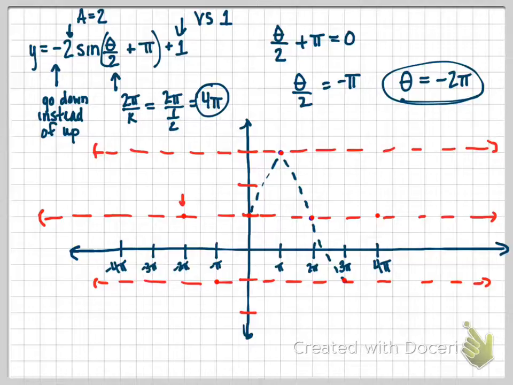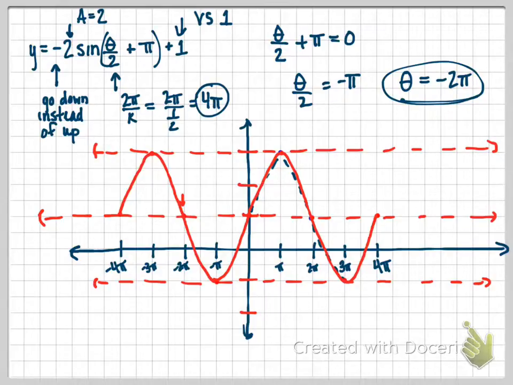And if you look, it actually created the exact same graph because we had a negative amplitude and we had a -2 pi phase shift, so it ended up actually graphing like there were no phase shift, which is kind of awkward and uncomfortable when you think about it, but it makes sense based on the information that we were given.